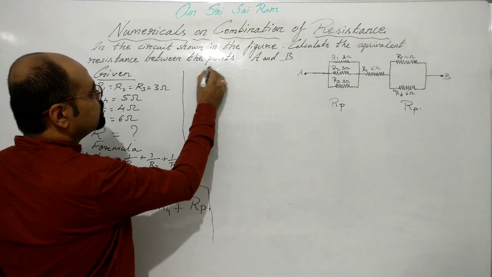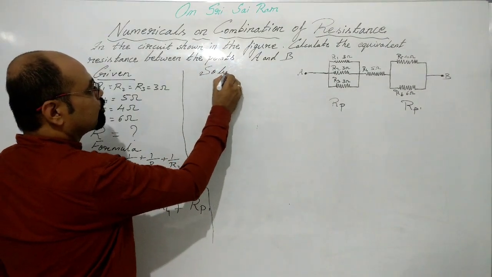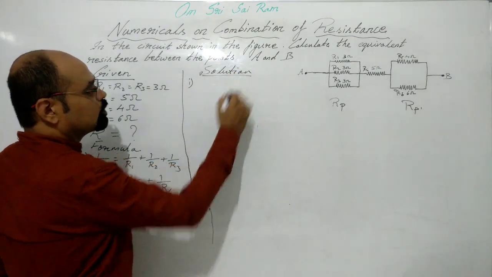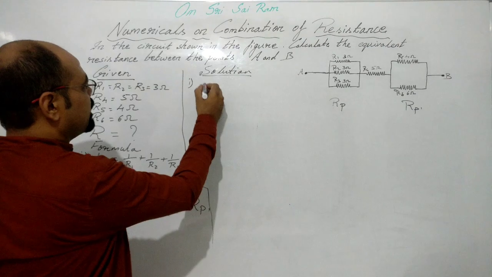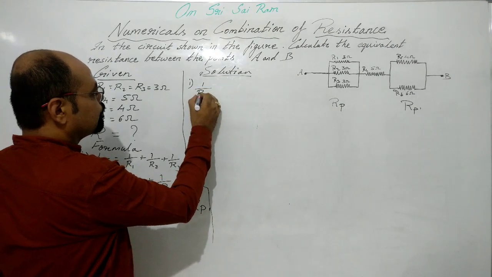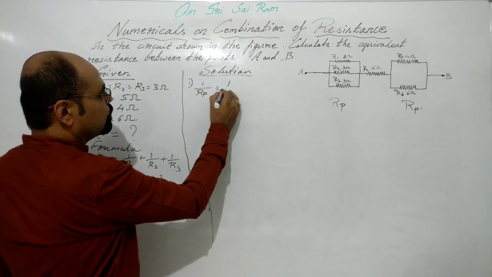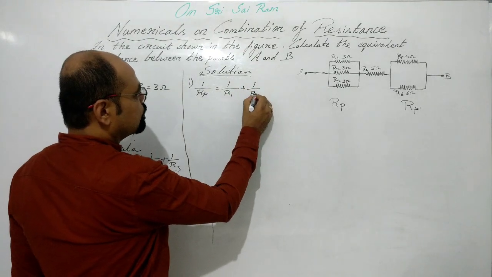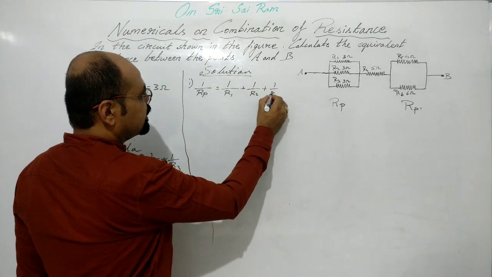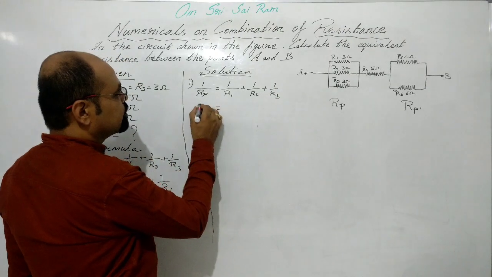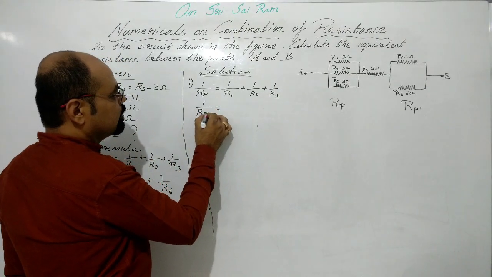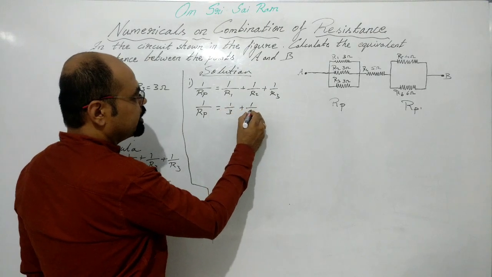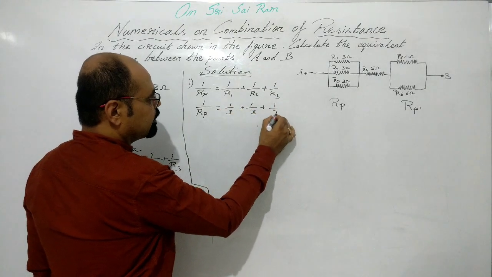So let's take solution number 1, that is 1 by Rp is equal to 1 by R1 plus 1 by R2 plus 1 by R3. We have the values there: 1 by 3 plus 1 by 3 plus 1 by 3.